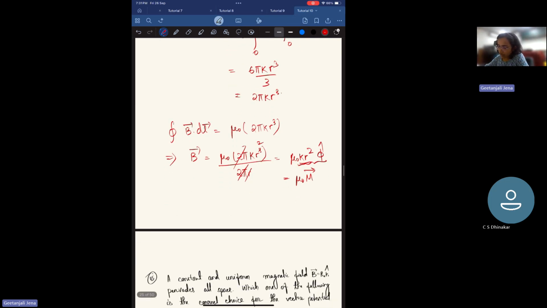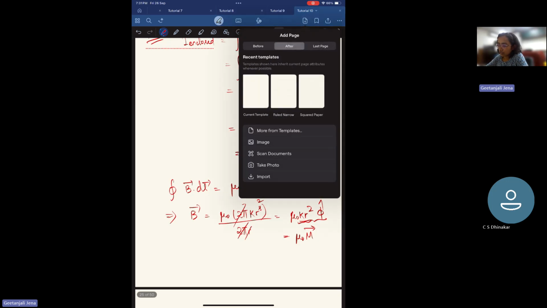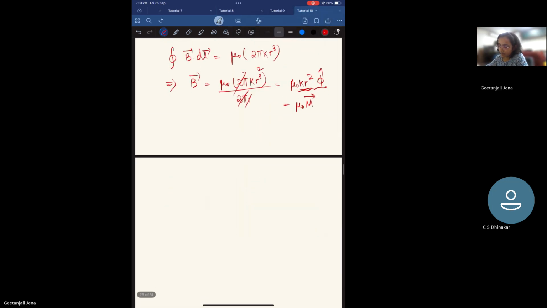For the outside, you can easily guess the total current should be zero, or you can get it by taking the integration.